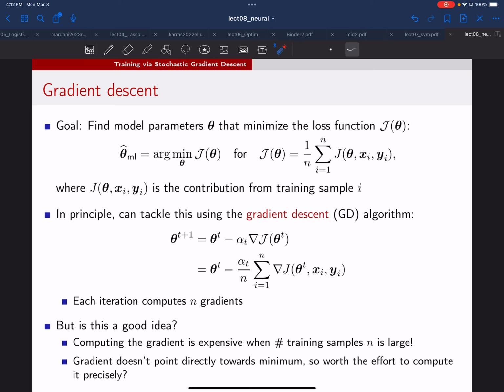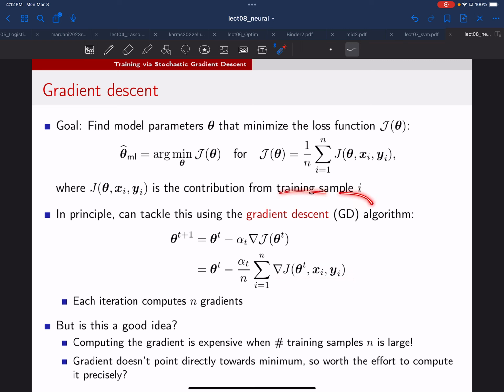So when you look at this expression, you can see that the computational effort required in this term basically scales with the number of training samples you have. So if you have a very large training set, then you have to compute a lot of these gradient terms to do gradient descent.